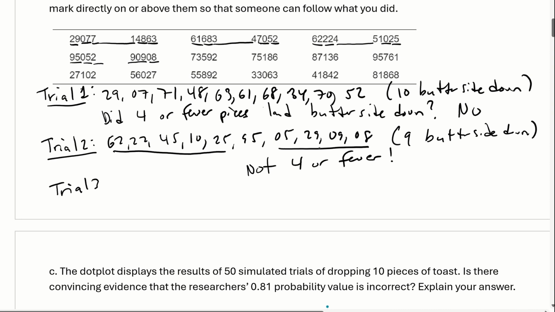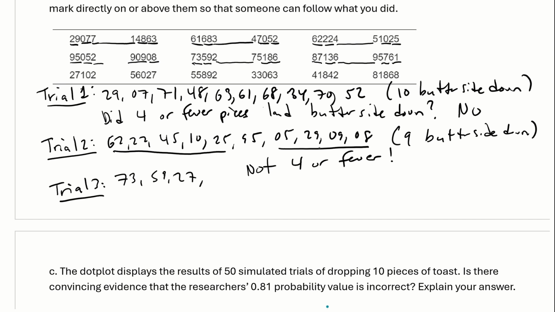And then trial 3. Again, do the same thing. 1, 2, 3, 4, 5, 6, 7, 8, 9, 10. Okay. 73, 59, 27, 51, 86, 87, 13, 69, 57, 61.